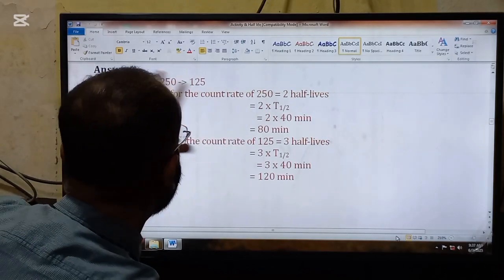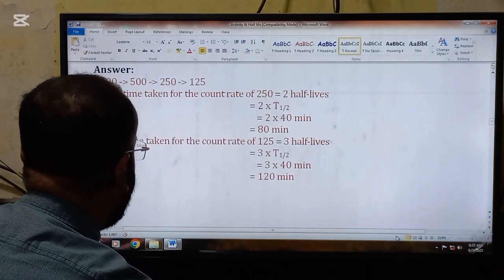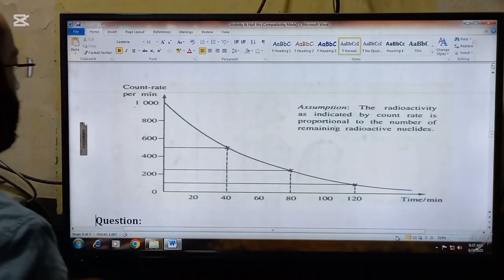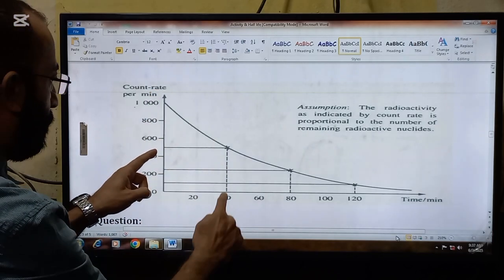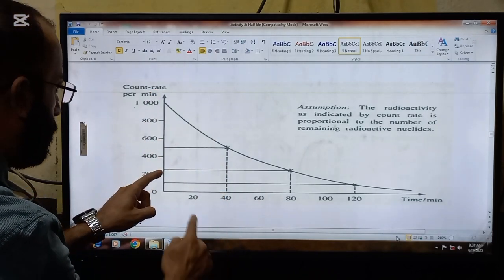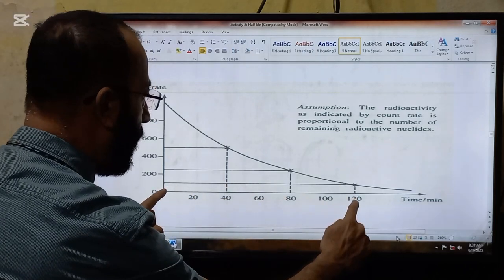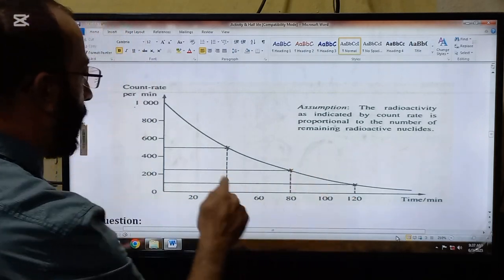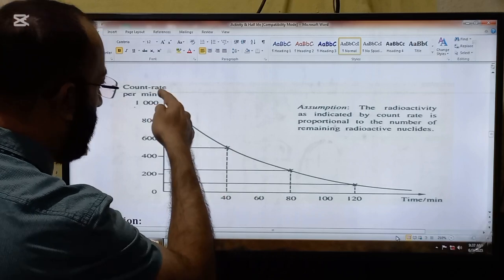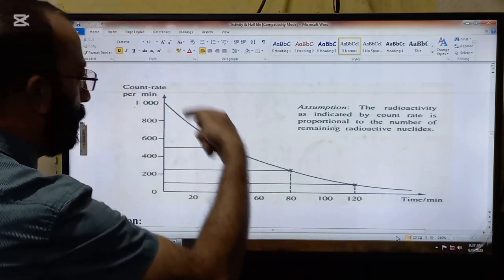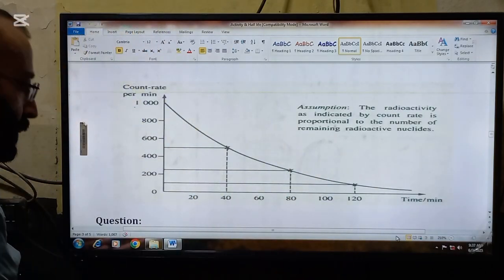So we will plot this data on the graph paper. So 500 will take 40 minutes, then 250 will take 80 minutes, then 125 will take 120 minutes. So this is the graph. These points will be joined with the help of a freehand curve.